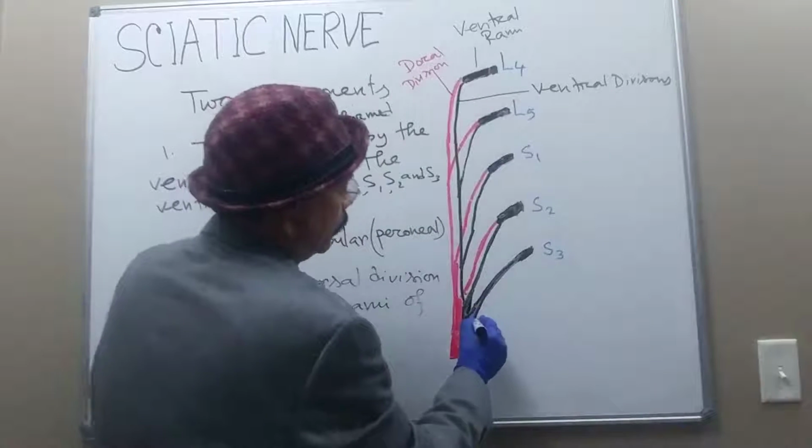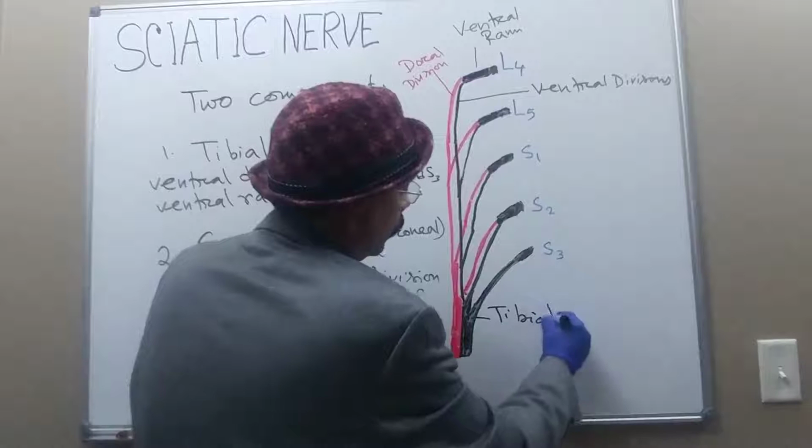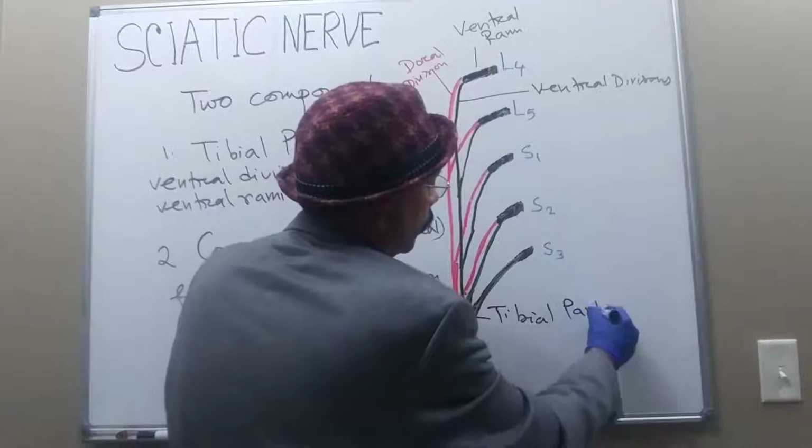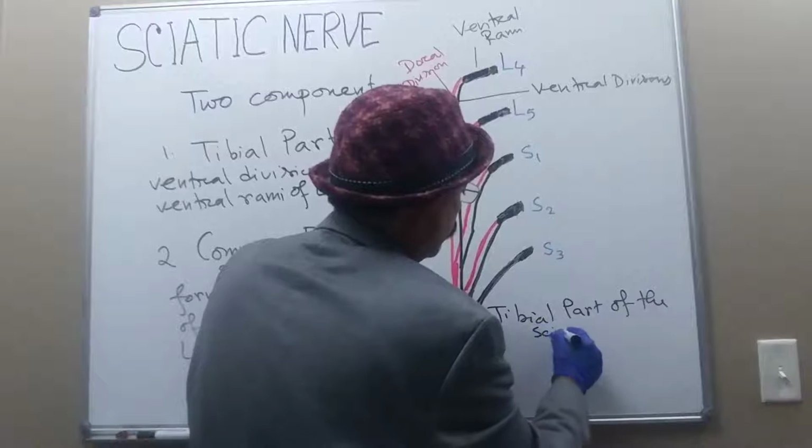So this dark is the tibial part of the sciatic nerve.